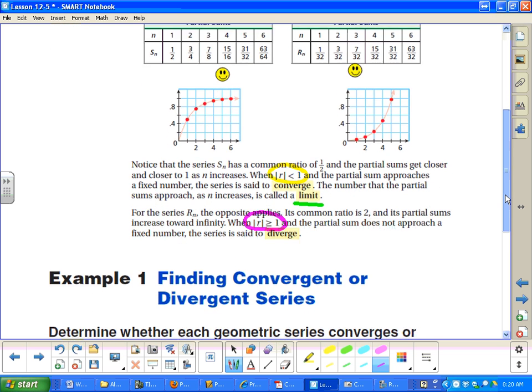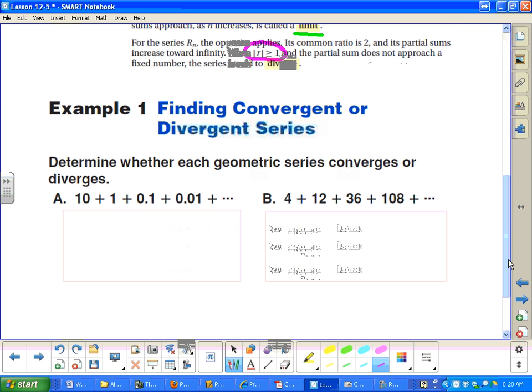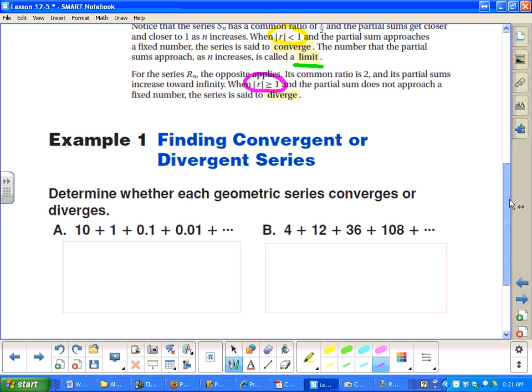All right? So we want to know whether a specific series converges or diverges. And so all we're looking for is r. If I know what r is, if the absolute value is less than 1, it converges.